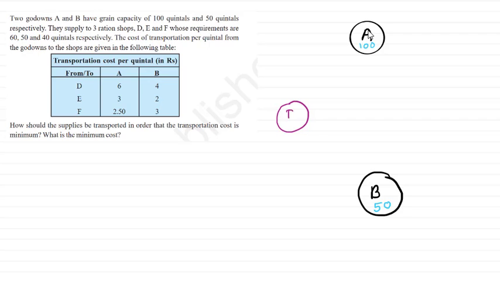So this is D, and here we have E, and the next one is F. The capacity of these is already given, that is 60, 50 and 40 quintals. So they can have only 60, 50 and 40 quintals.